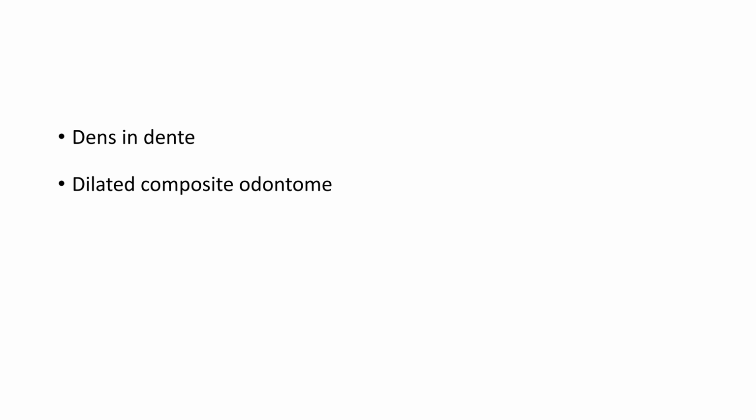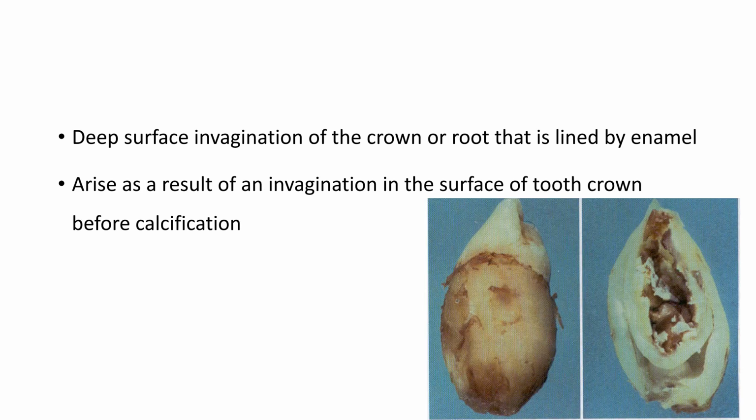Dens invaginatus is also known as dens indente and dilated composite odontome. Dens indente is a deep surface invagination of the crown or root that is lined by enamel.